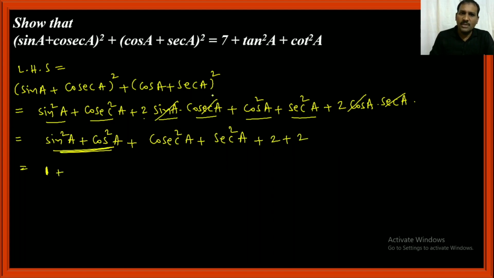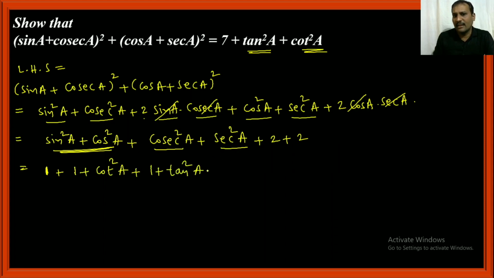Now, if you observe, we have to obtain tan square A and cot square A in RHS, but we don't have that. So let us convert this cosecant square A and secant square A into tan square A and cot square A using trigonometric identities. So what is cosecant square A? That is 1 plus cot square A. And what is secant square A? 1 plus tan square A, plus 2 plus 2 will become 4.